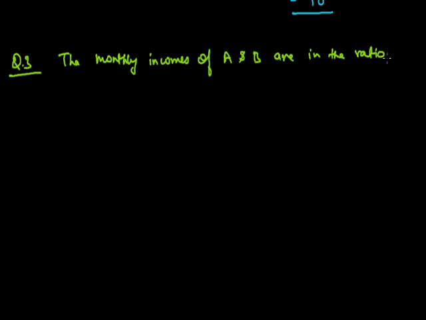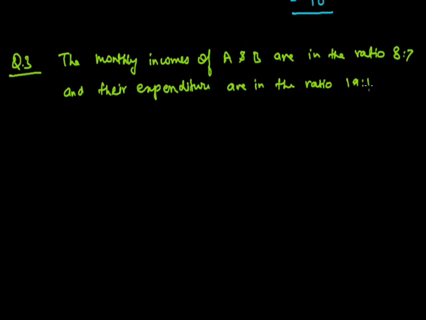First write down the question. In the question it is given that the monthly incomes of A and B are in the ratio 8:7, and their expenditures are in the ratio 19:16.